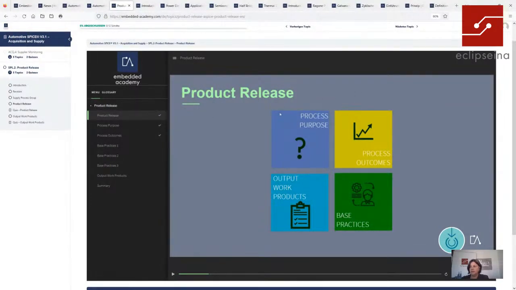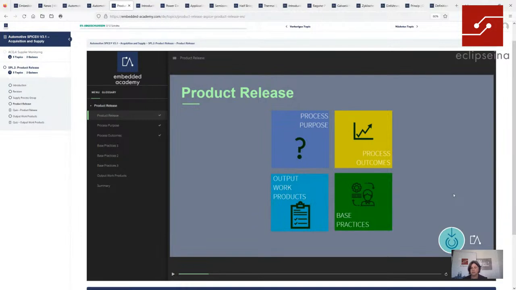Usually they have 4 different perspectives on how to look at the topic. So you have the process purpose, which is always described. You have so-called process outcomes, the result of a process, and you have output work products.